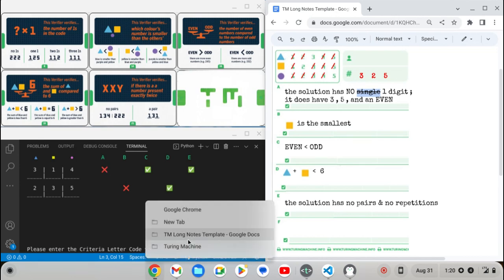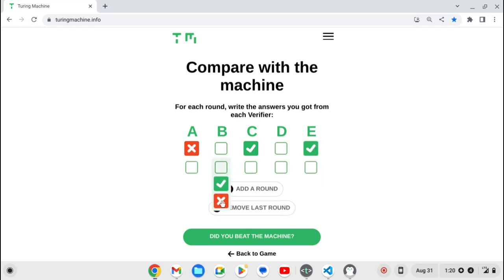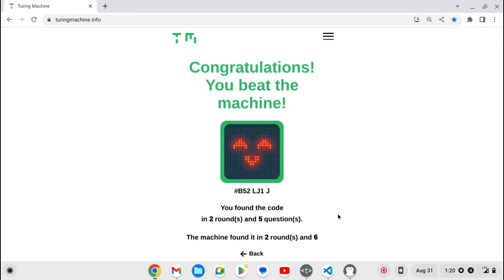So let's type that up. So A was wrong, C was good, and E was also correct, but it was B that was incorrect, and it was D that was correct. So, okay, fantastic. So we beat the Turing machine by 1 question.